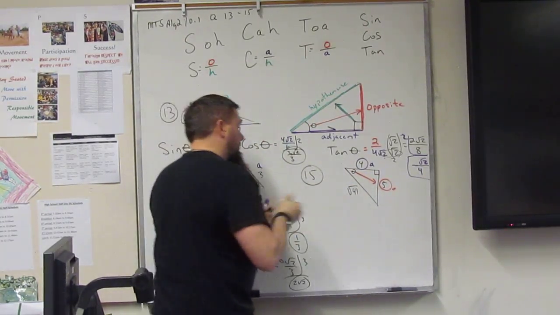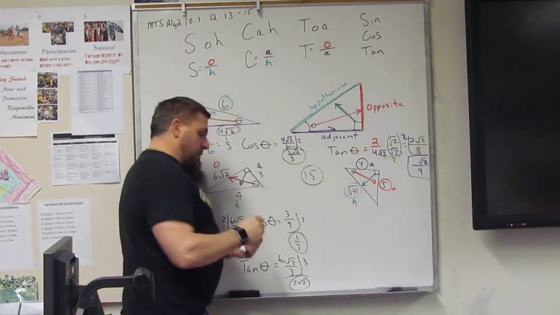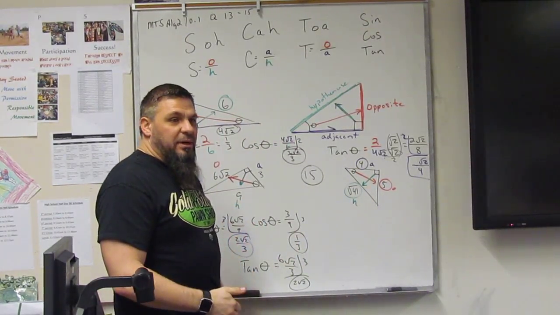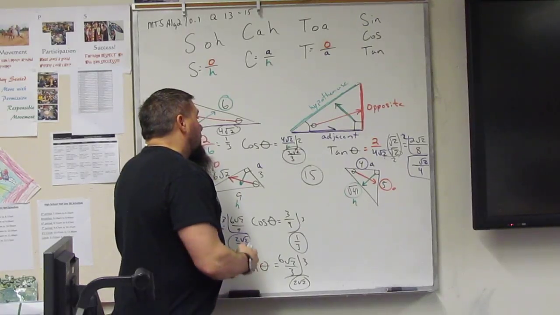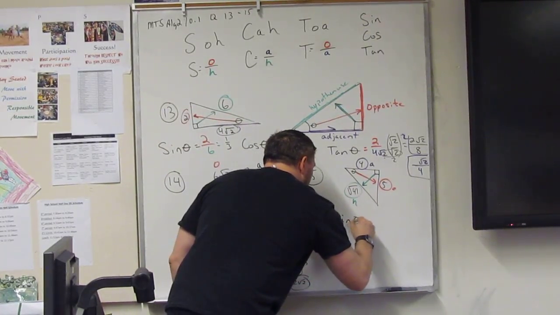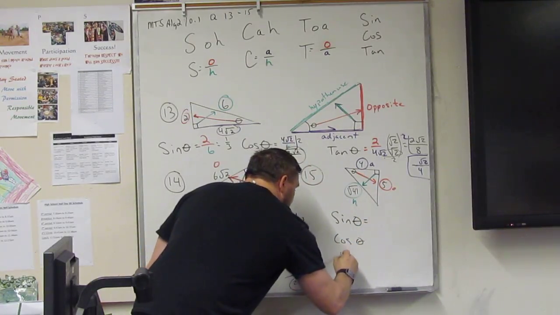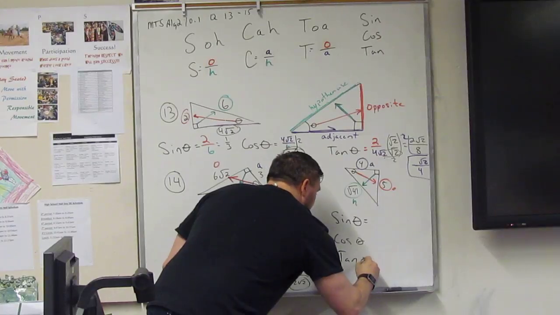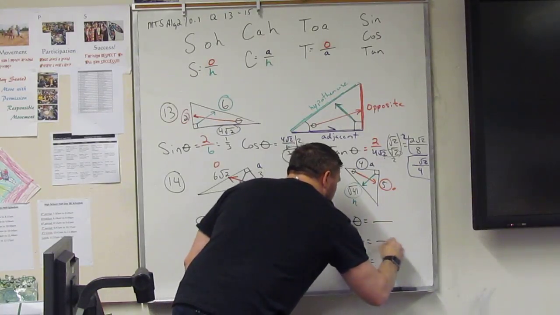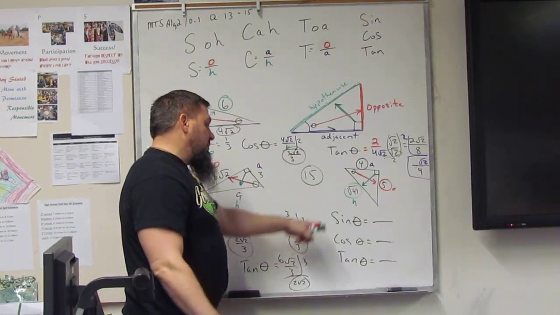And of course, hypotenuse is across from the right angle. So again, we have sine theta, cosine theta, tangent theta, right?